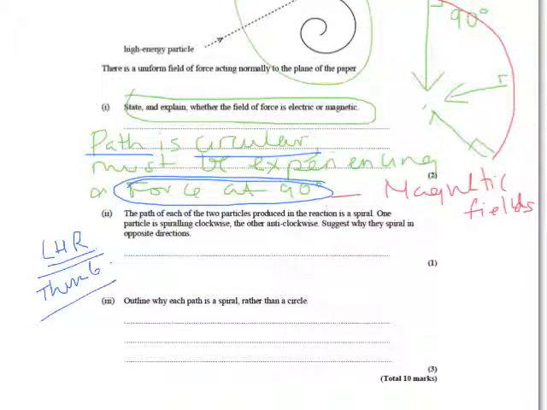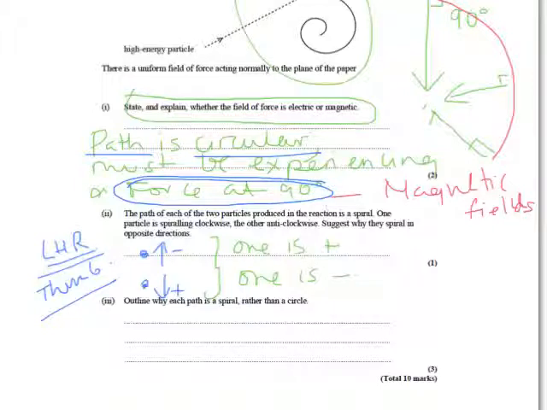So you need to think what arrangement would mean that for one of the particles the thumb points up and for the other the particle moves down. Why would there be a difference? Now, it can't be the magnetic field because that's not changing. So it must be the charge. In fact, the correct answer is that they have different charges. One is positive and one is negative.